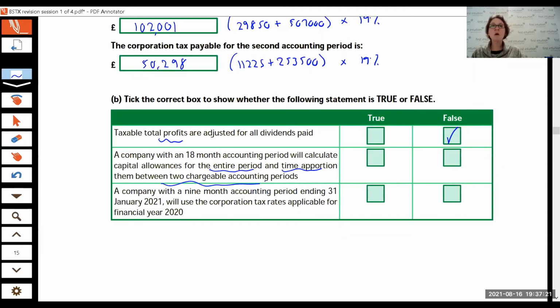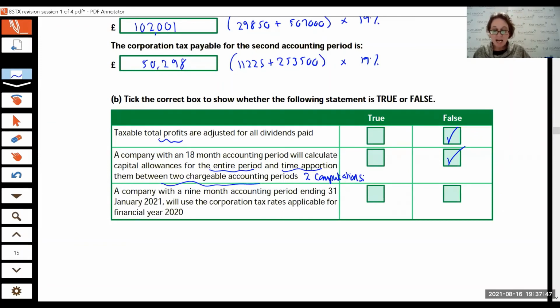We do two completely separate capital allowance computations. We do one period, we find the balance brought forward, we then do the next period, any additions, any disposals, etc. Two completely separate computations. It's not one computation time apportioned, it is two computations. So that's why that one is false.